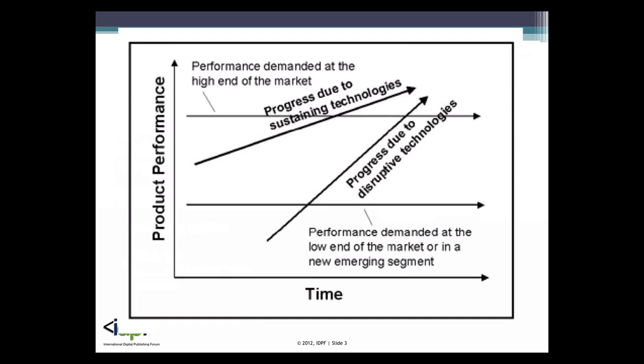The idea is that for any given technology that gets onto a sustaining vector of innovation, the progress occurs at a certain rate over time, but eventually surpasses the needs of even the high end of the market, and significantly surpasses the needs of the low end of the market.